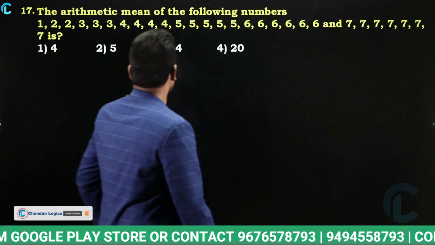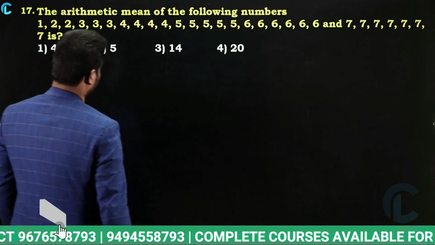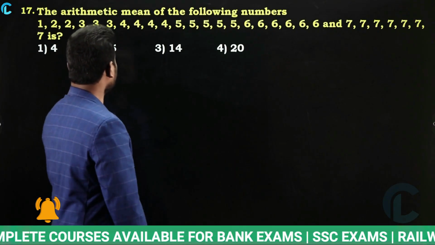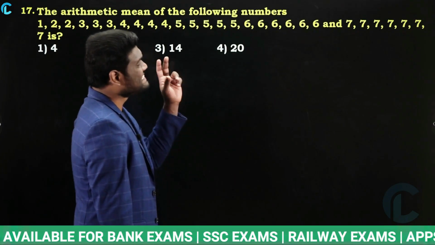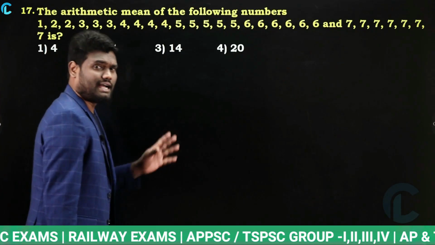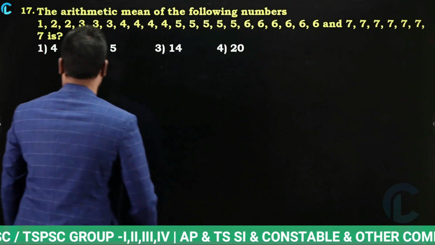Okay. Next one: the arithmetic mean of the following numbers: 1, 2, 2, 3, 3, 3, and so on, up to 7 sevens. Okay. Now this is a pretty good question, and it was also asked in the mains examination. Okay. Let us look at this.